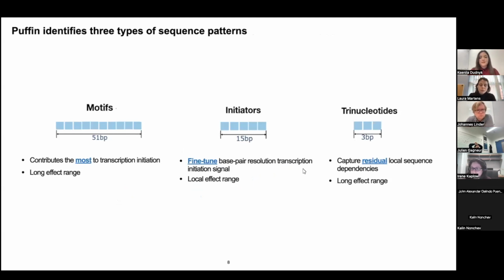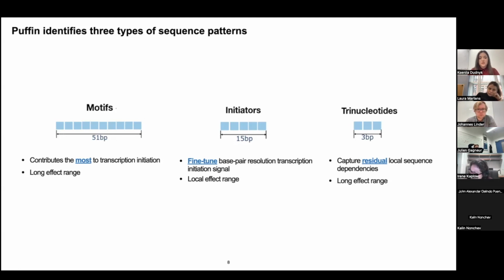And the last important part of Puffin design is that Puffin uses three groups of sequence patterns to explain transcription initiation. So far I talked about the motifs because they are the most intuitive, but Puffin also uses initiator sequence patterns and trinucleotide sequence patterns.